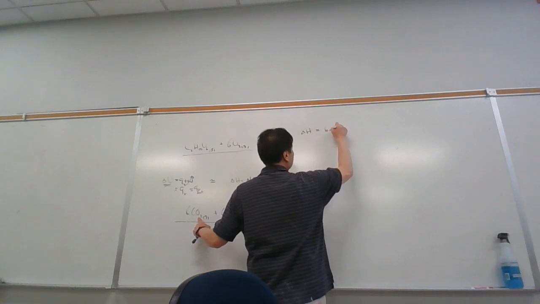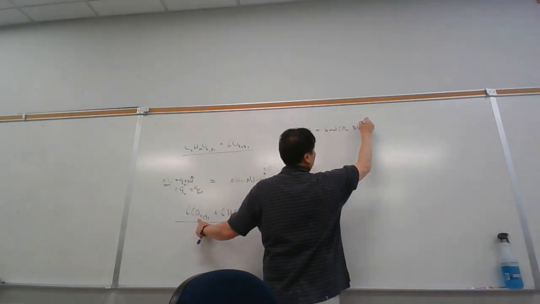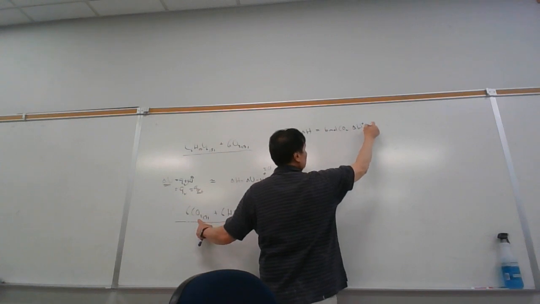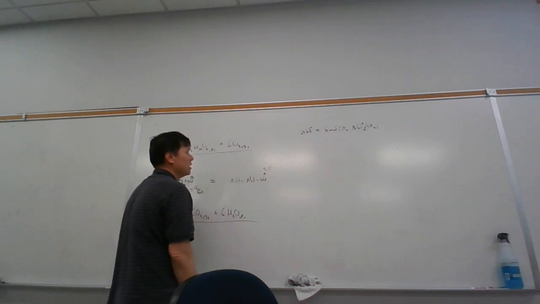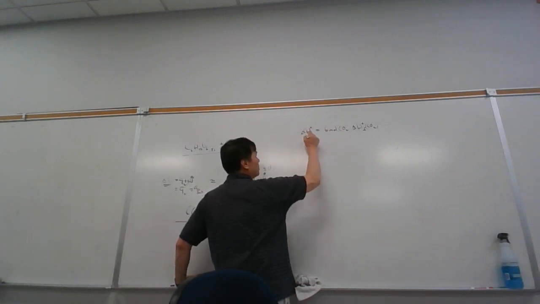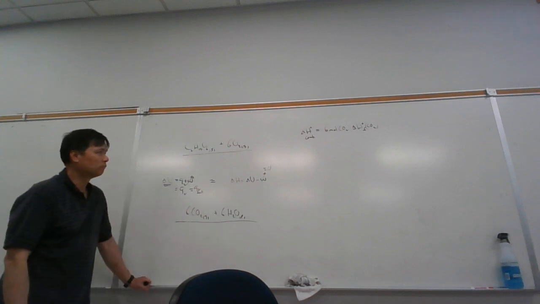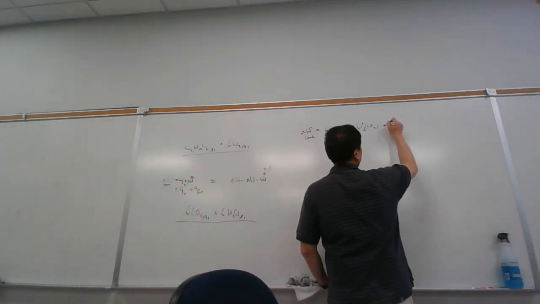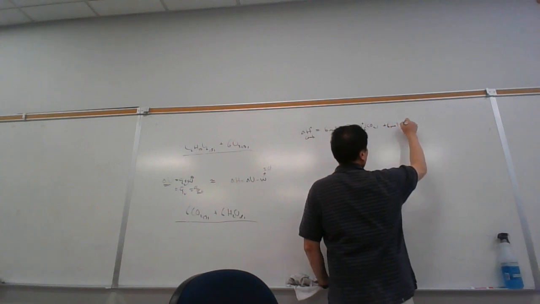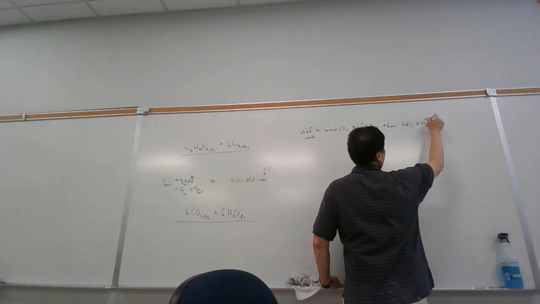So the products I have are 6 moles of CO2 times the delta H of formation of CO2. This is going to be under standard conditions because our data table has standard conditions. So this is delta H naught of combustion here for 1 mole of glucose. All right, plus 6 moles of H2O liquid times delta H of formation of H2O liquid.